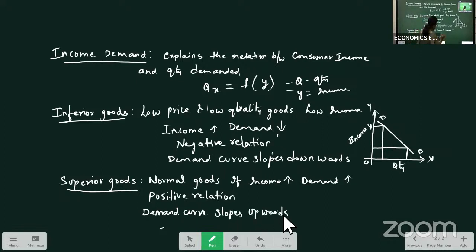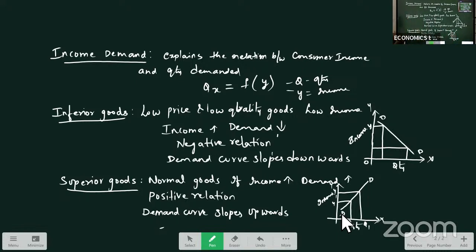Just see the graph here. On the x-axis is quantity, on the y-axis is income, OY is the income and OQ is the quantity. As the income increases, demand also increases. So the demand curve will be sloping upwards in case of superior goods.